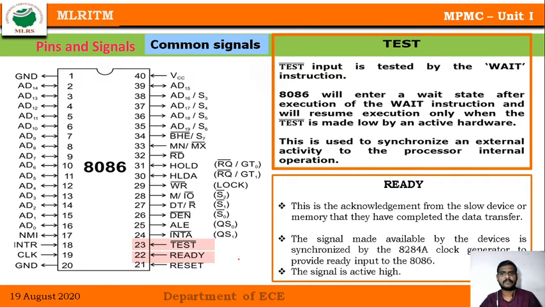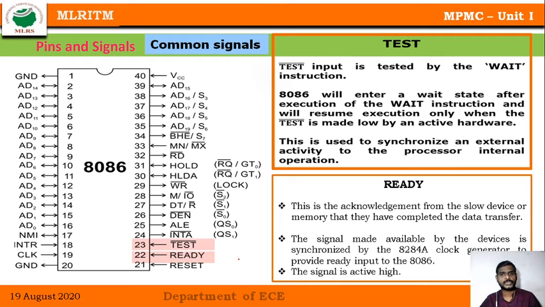This signal made available by the device is synchronized by the 8284A, a clock generator IC, which provides the ready input to the 8086 and the necessary clock signals for the processor.